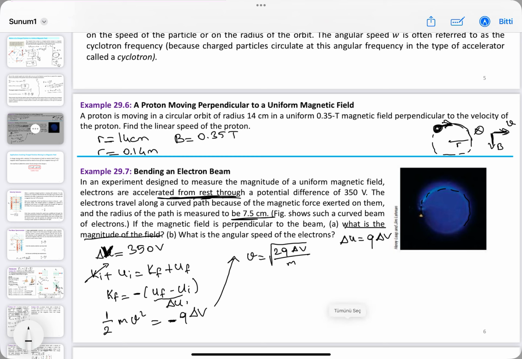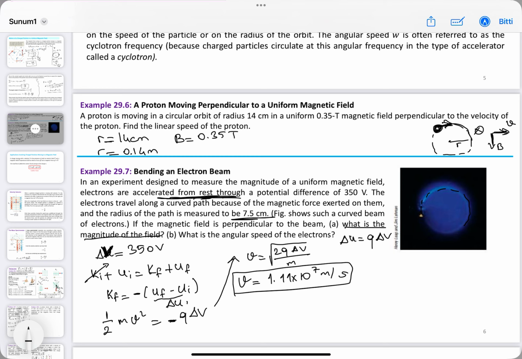If I take the minus, the inside of the square root will be negative. It is not acceptable. We are just trying to find the magnitude. Okay, let's continue. When we put everything inside, the result will be that one. Now we have found the velocity.